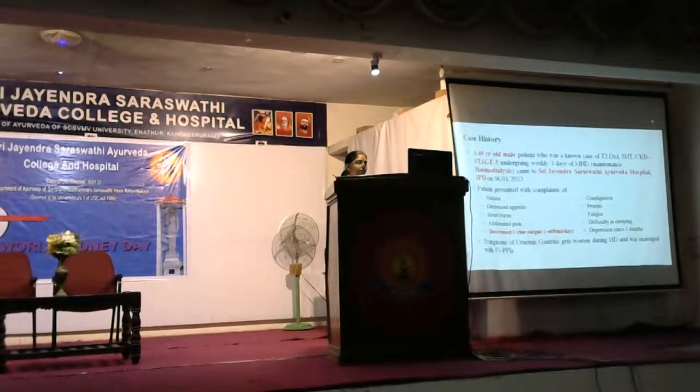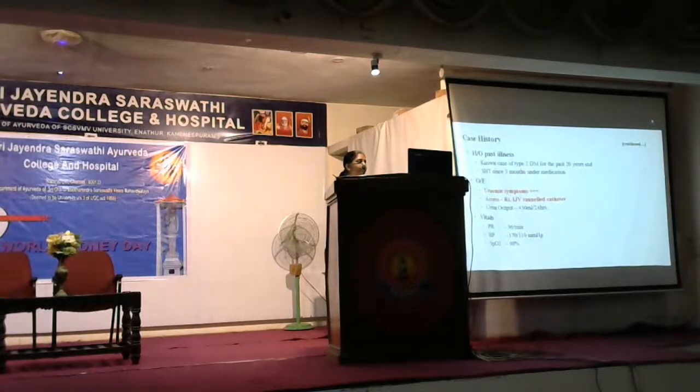Symptoms of uremic gastritis worsened during hemodialysis and were managed with IV proton pump inhibitors. He is a known case of type 2 diabetes mellitus for the past 20 years and systemic hypertension for 3 months, under modern medication.